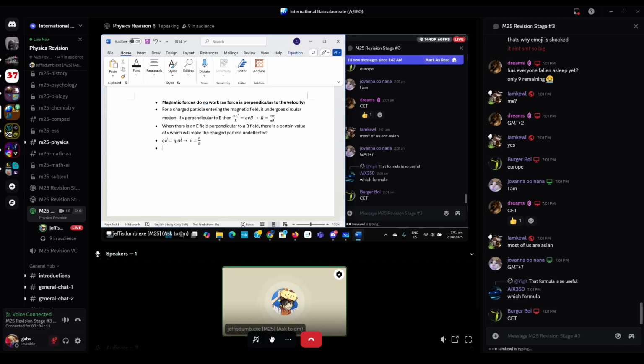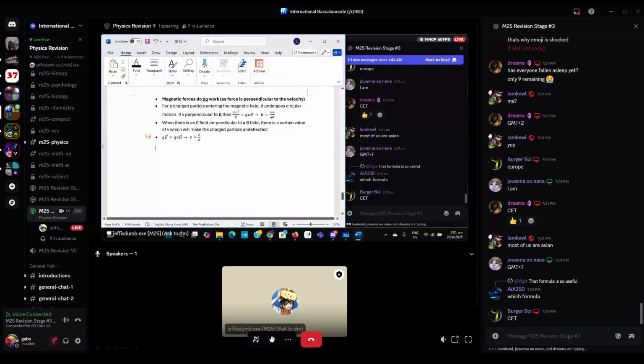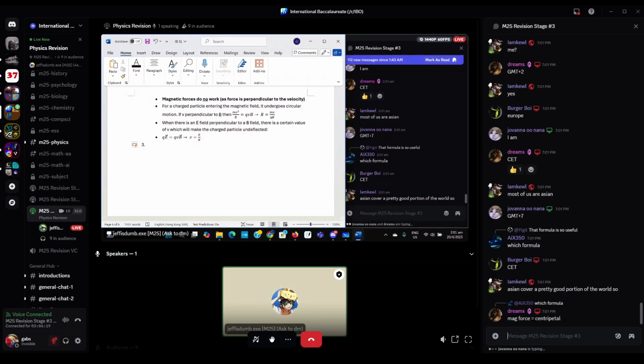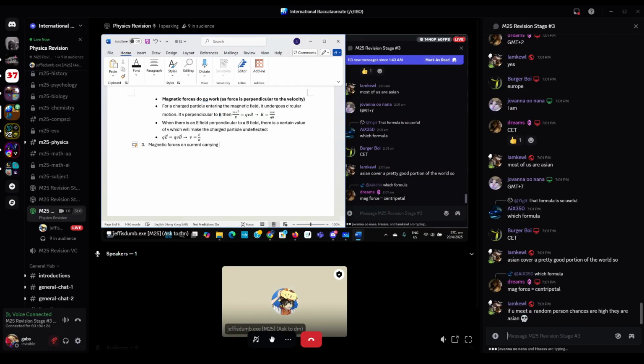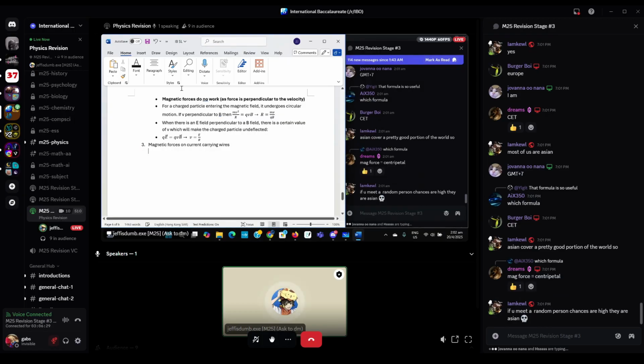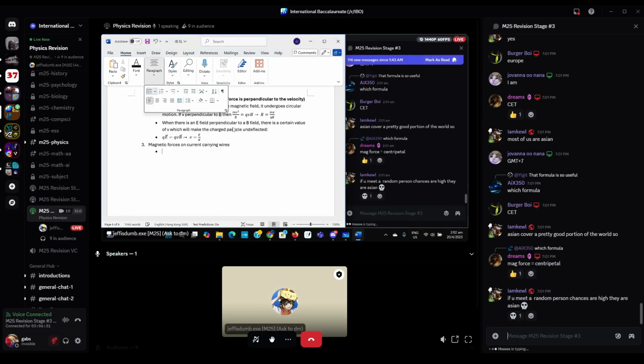I think that's enough for electromagnetic forces. One last thing for D3 is magnetic forces on current carrying wires. So how I like to look at this is that a current carrying wire is basically a bunch of moving charges.